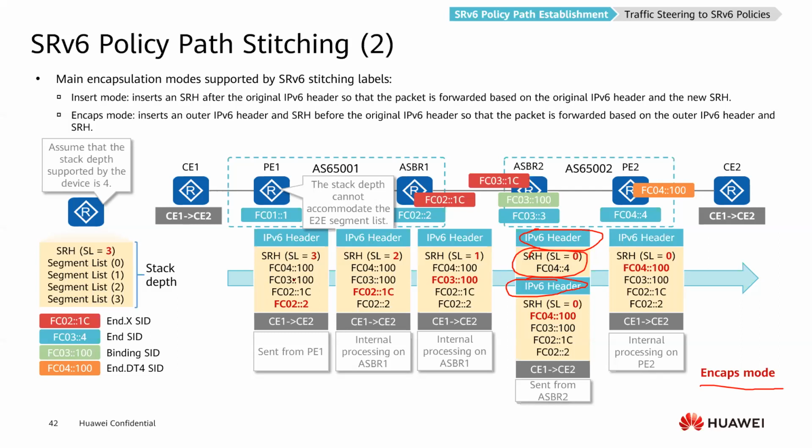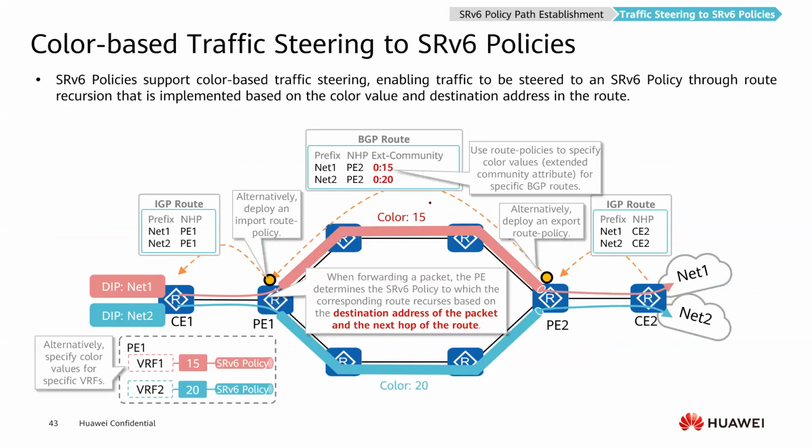Okay, so let's continue. Let's talk about traffic steering to the SRv6 policy. How to lead the traffic into the SRv6 policy. We know for an SRv6 policy, we are using the source head end, endpoint, and the color to identify the tunnel.